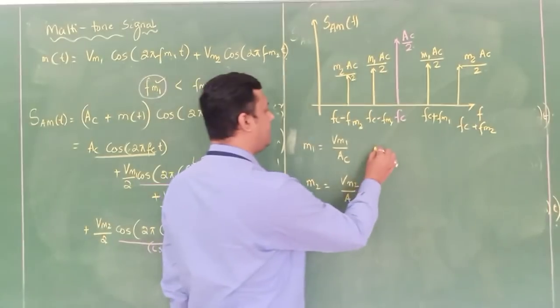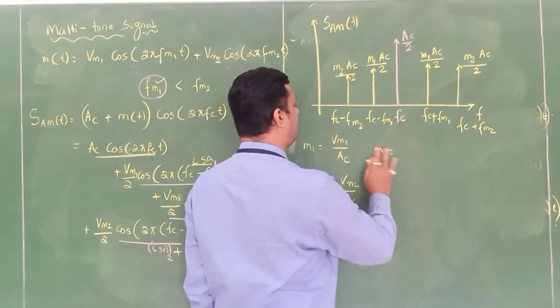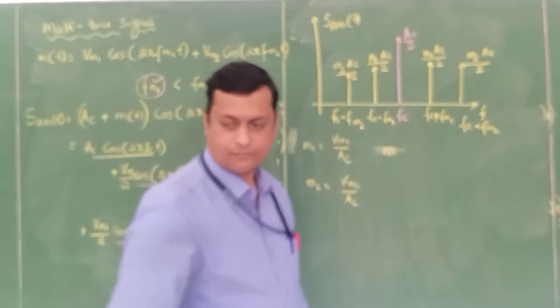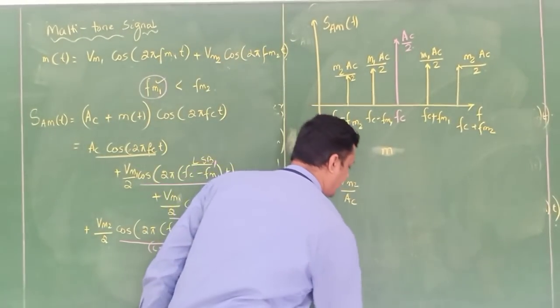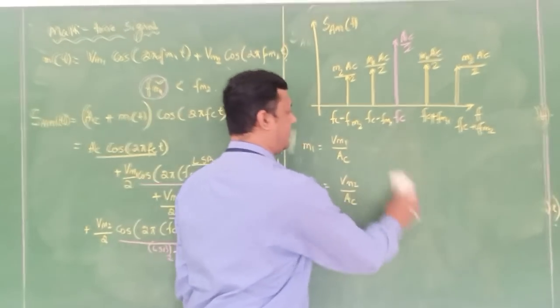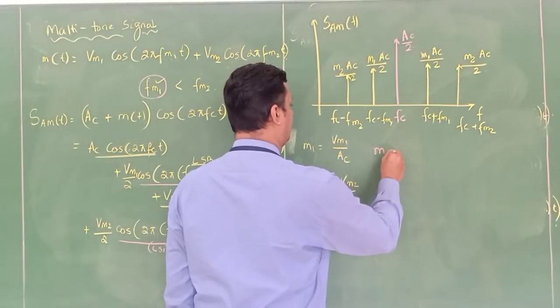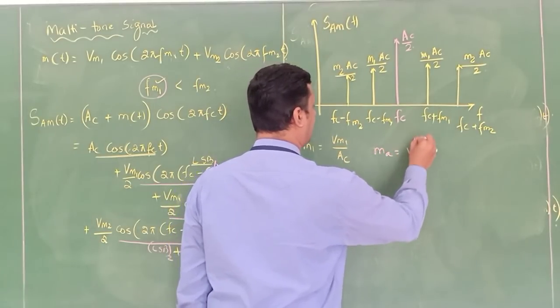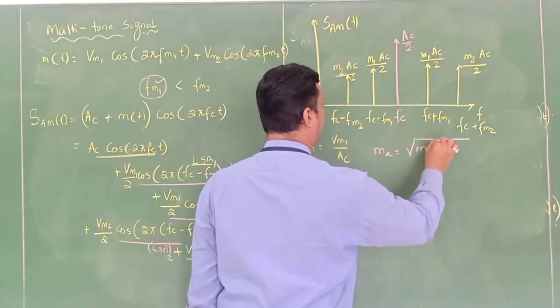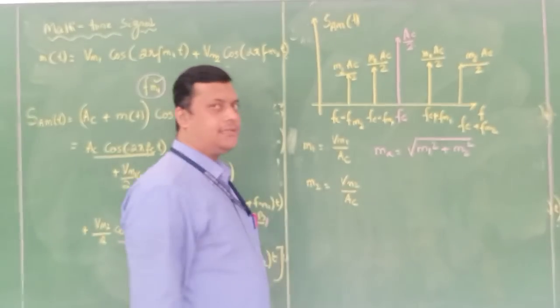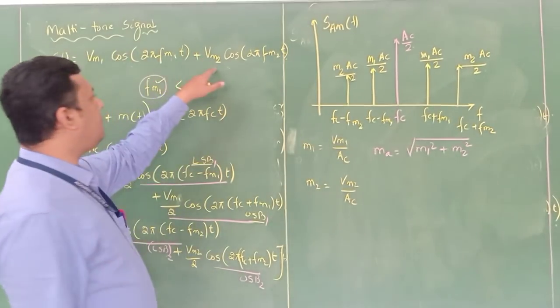So for that, in the last class I gave a formula for the net modulation index MA. MA is equal to the root of M1 square plus M2 square. Why M1 and M2? Because there are two different modulating frequencies.